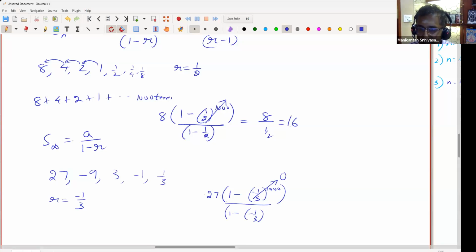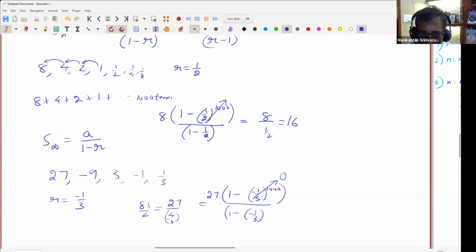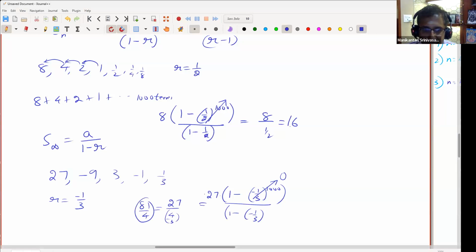So practically the sum till 1,000 terms is the sum till infinity, which is just 27 by 1 minus (minus 1/3), which is 27 by 4/3, right? So it will be 81 by 4, which is approximately 20.